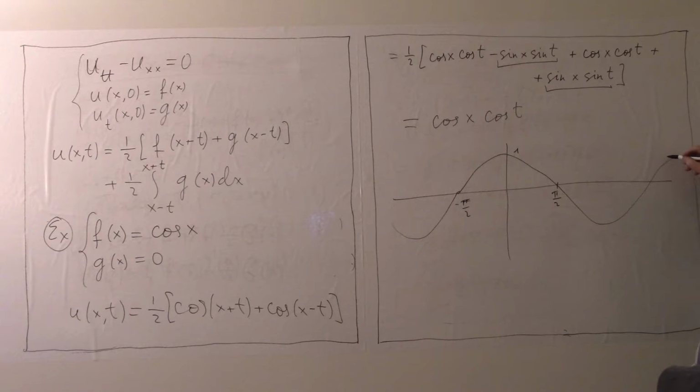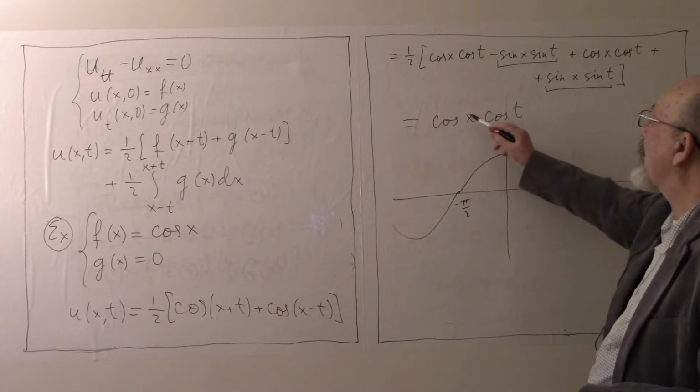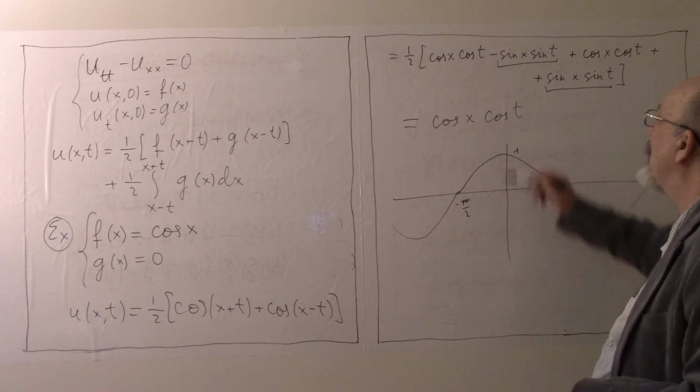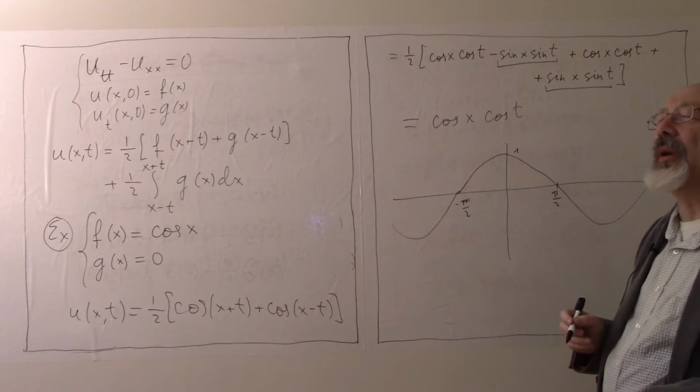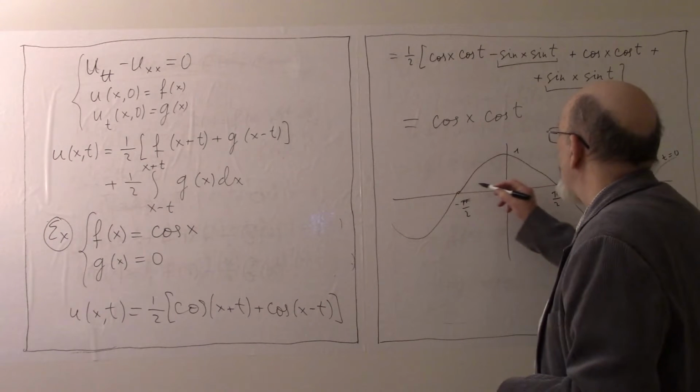This is when t equals 0. Now, for t equal pi over 4, cosine x will be the same, cosine t will be square root of 2 over 2, so smaller than 1.